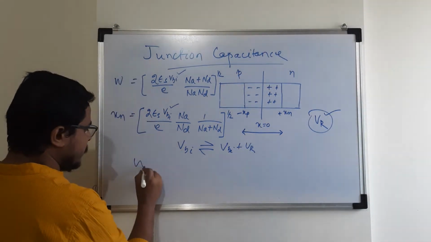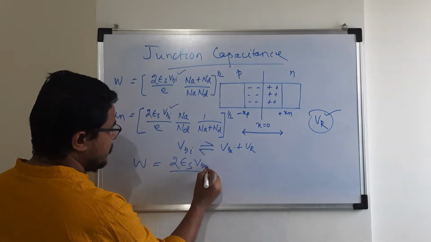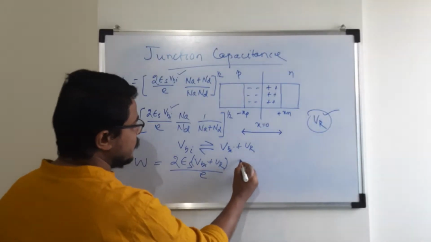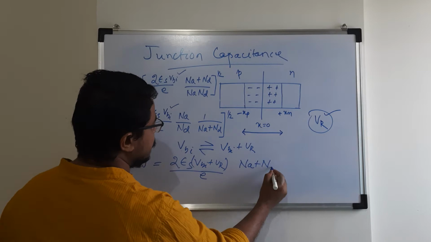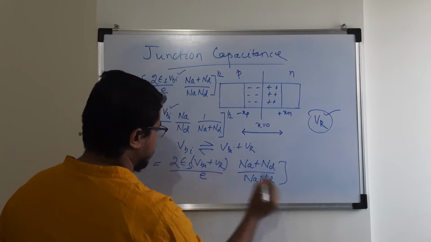So we can rewrite W as 2 epsilon s, VBI plus VR, divided by E, times NA plus ND divided by NA ND, to the power 1 by 2.